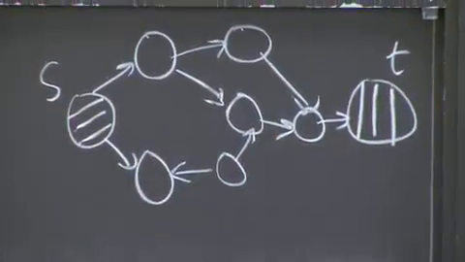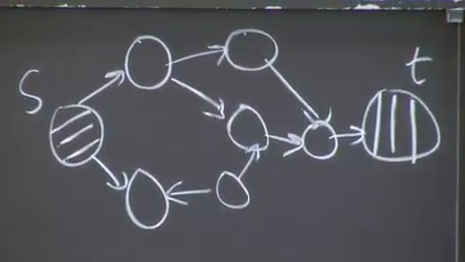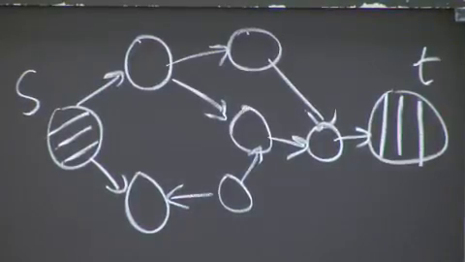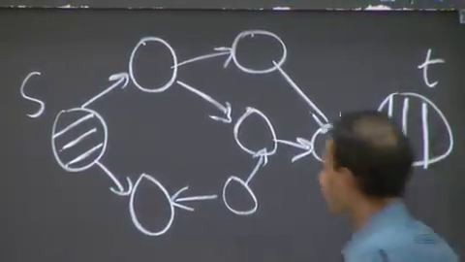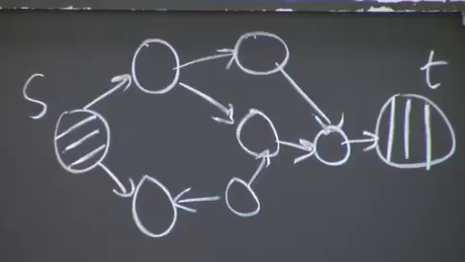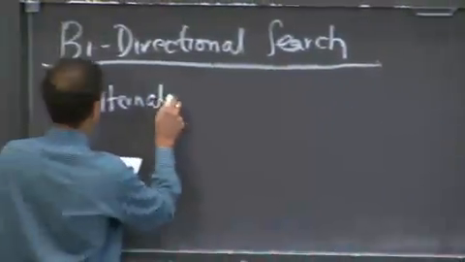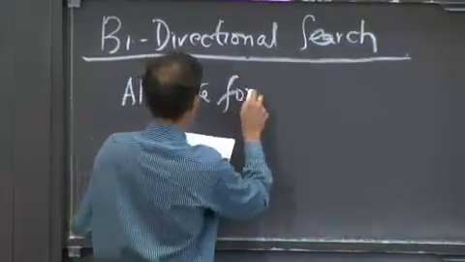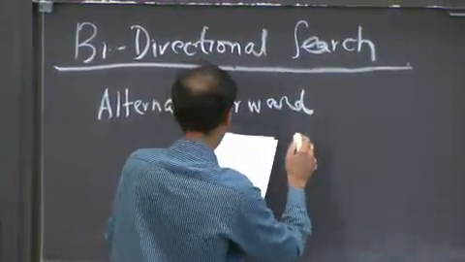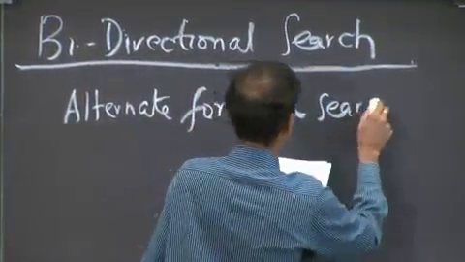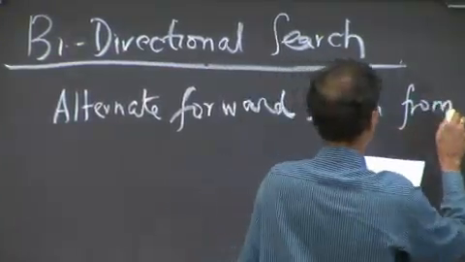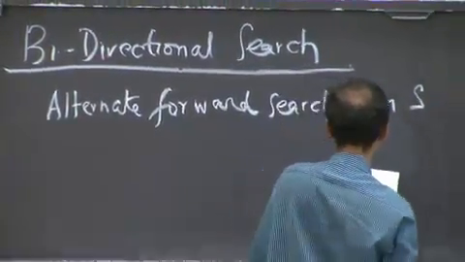And what you do is you alternate search in the forward direction and the backwards direction. So you're going to do one step of standard Dijkstra, which starts with S and goes forward.